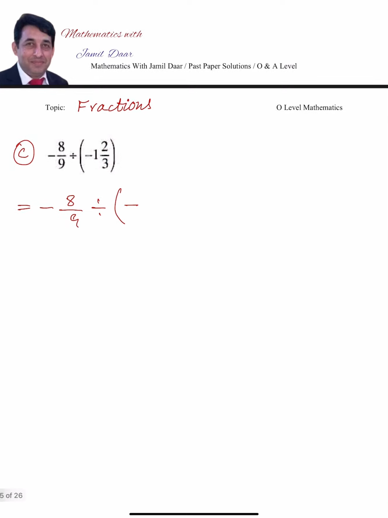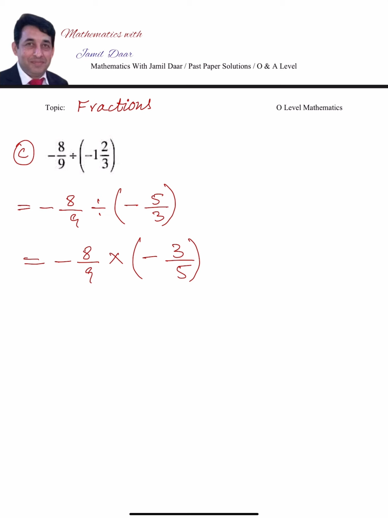So this will become 5 by 3. Now we'll change the division sign into multiplication sign and write down its reciprocal. 5 by 3's reciprocal will be 3 by 5. This will become the numerator and this will become the denominator. Okay, so minus 8 by 9 multiplied by minus 3 by 5.